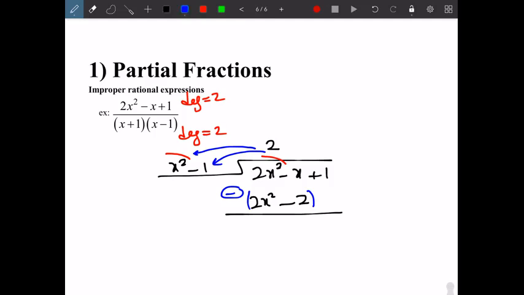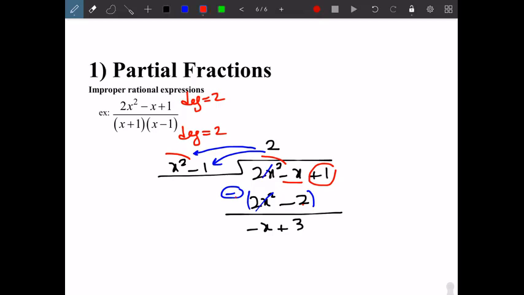So 2x squared minus 2x squared cancels out. Now the negative x I have here has no similar term down there, so it just drops down. So it's negative x. Well, 1 minus negative 2 becomes 1 plus 2, which gives a 3.